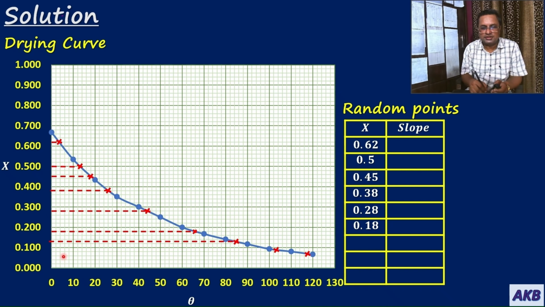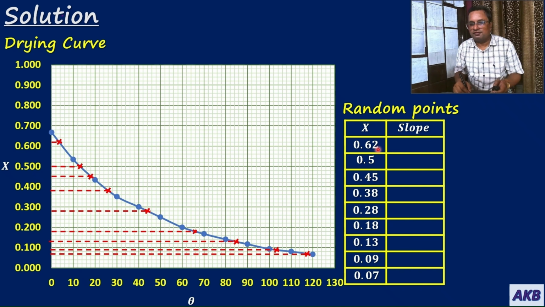For this point, the value of x is 0.13. For this point, the value of x is 0.09. And finally, for this point, the value of x is 0.07. So in this way, I have noted down the values of x for the random points that I have selected on the drying curve.